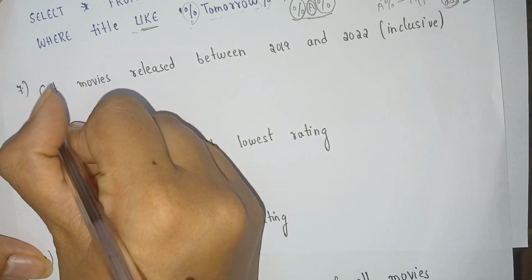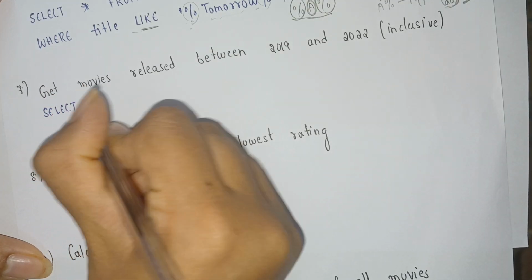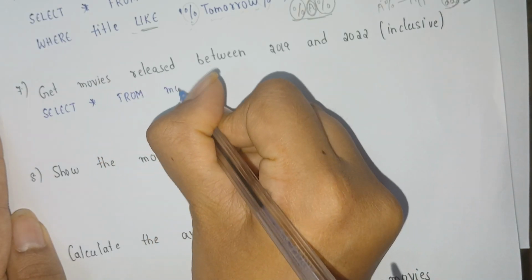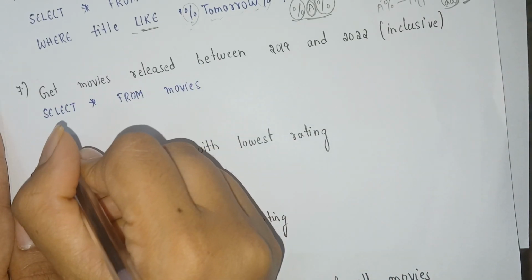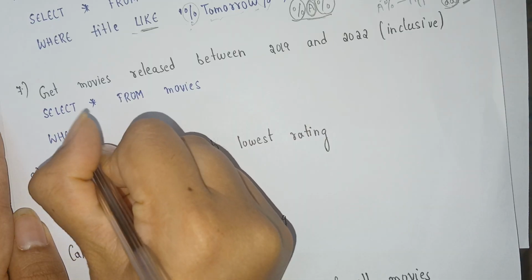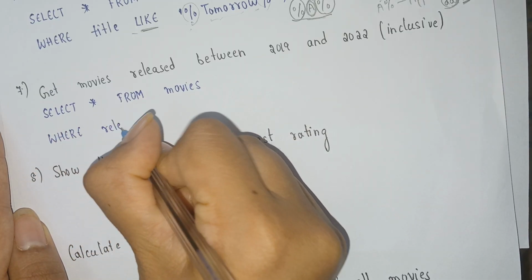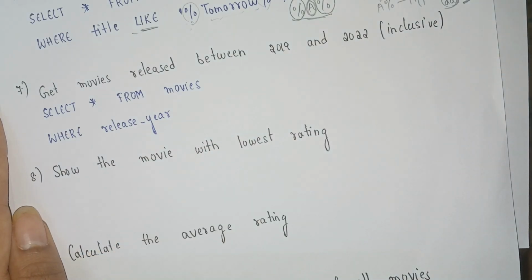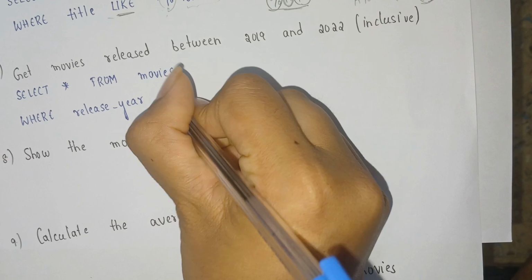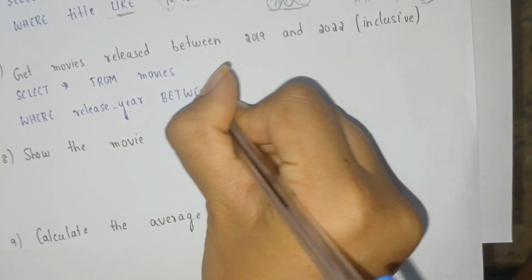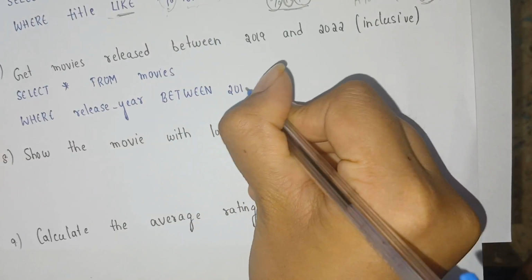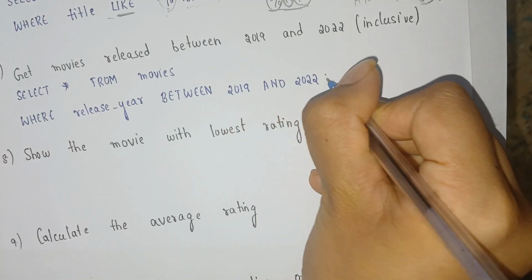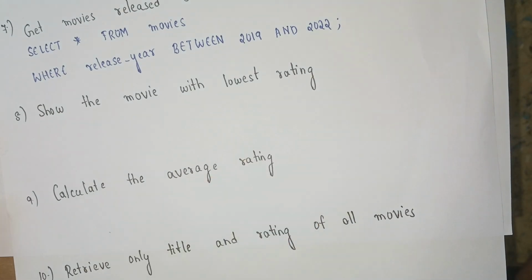We can use select asterisk, in the sense you are selecting all the columns, from movies where release year, you can use the BETWEEN operator. Between will give you inclusive, 2019 and 2022.